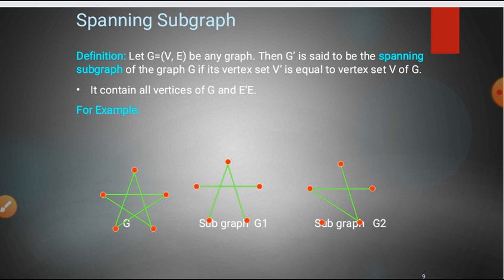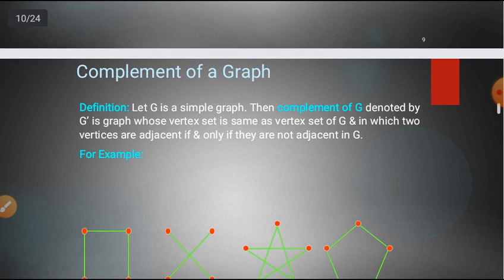In G1 we plotted 5 vertices but only 3 edges, and in G2 there are again 5 vertices with 3 differently aligned edges. So G1 and G2 are both spanning subgraphs because the number of vertices is the same. So this one is the spanning subgraph.